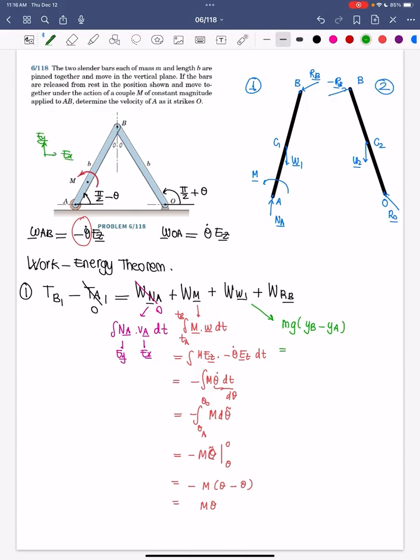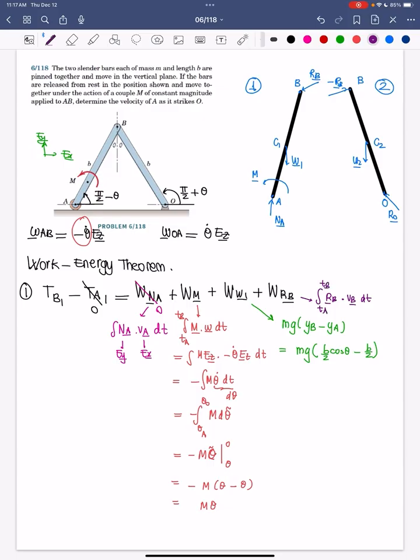So yb is b over 2, minus b over 2 times cosine theta. Let me double check, this is indeed negative, so I think I have this right. And the last term, the work of RB, we just cannot calculate because we do not know the speed of VB. RB is changing in time. Nothing is conservative here. So we'll keep it for now.